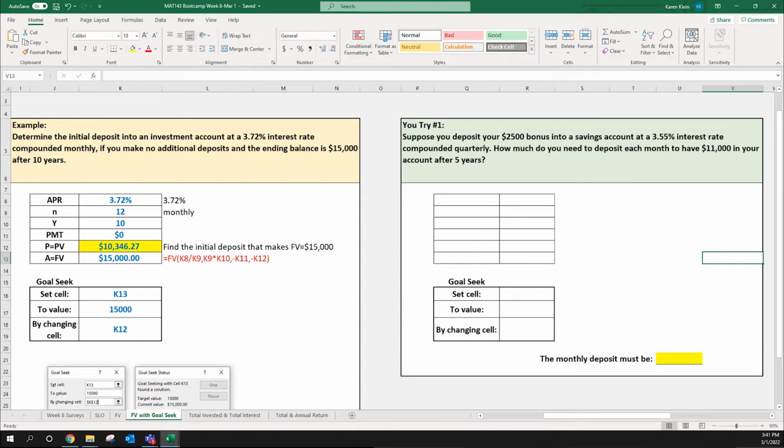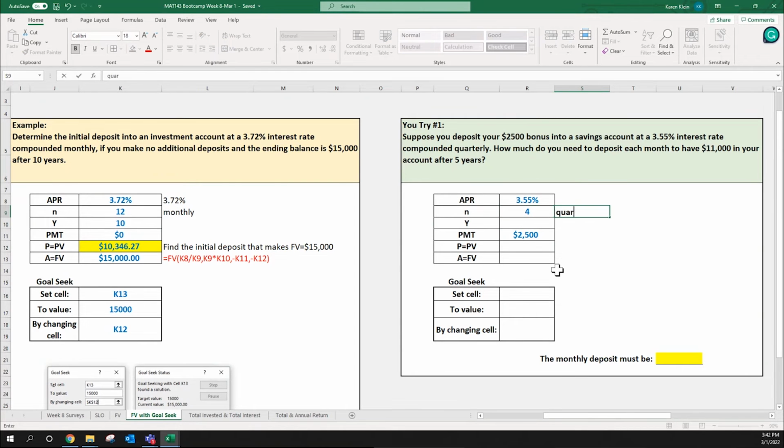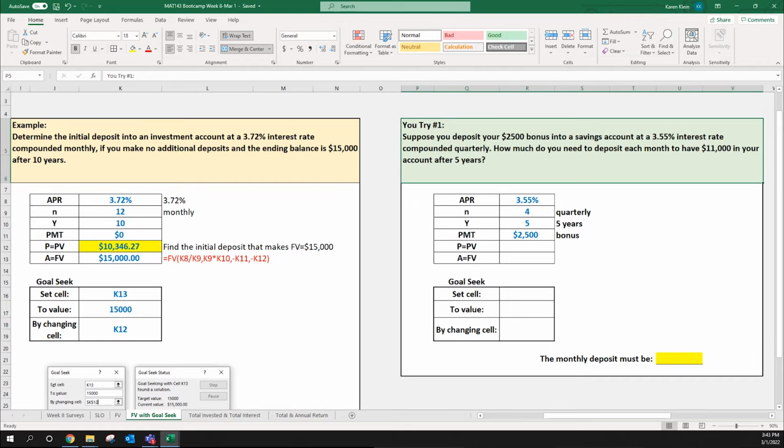I'm going to give you a minute or two to work on that. I'm noticing this problem here also has that discrepancy, doesn't it? Because they're asking you, how much do you have to deposit each month?